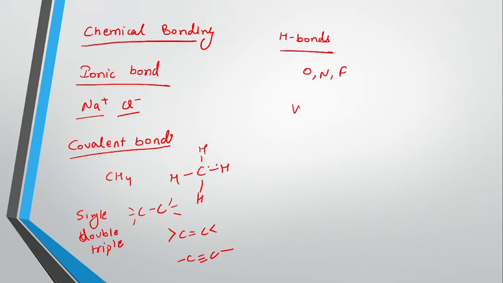Then there is also van der Waals forces and other weak bonds. These are weak forces that can bond atoms together, especially in case of a chain of carbon atoms. Okay, so there is a long chain of carbon atoms, a long alkyl chain.